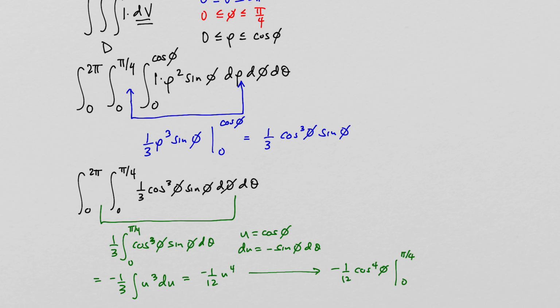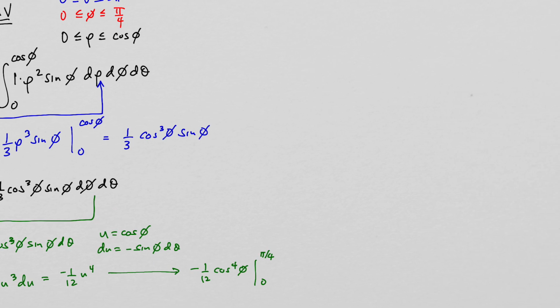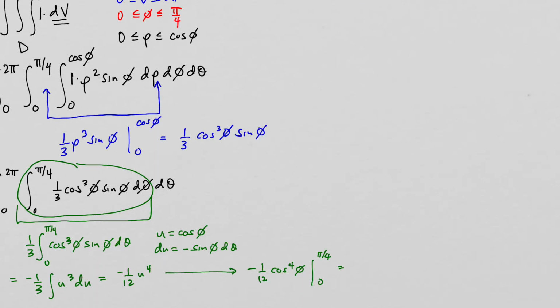I'm not changing my limits. You certainly could change your limits, but when you plug in phi equals pi over 4, you get u equals radical 2 over 2, and I would just prefer to use my old limits. So this becomes negative 1/12 times cosine of pi over 4 to the 4th power minus cosine of 0 to the 4th power.